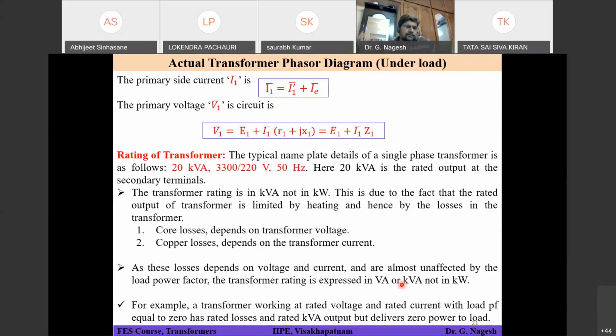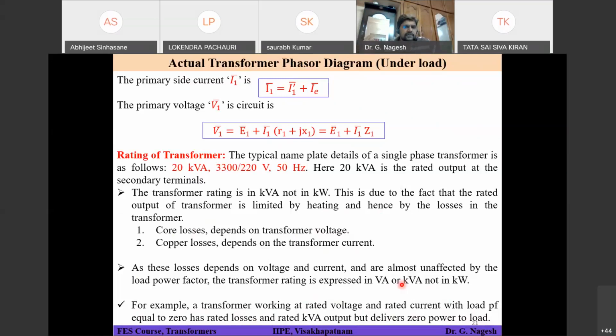And it is delivering the rated reactive power to the load. That means only reactive power is present. That means rated kVA is delivered to the load. Rated kilowatts is 0 because it's a purely reactive load.